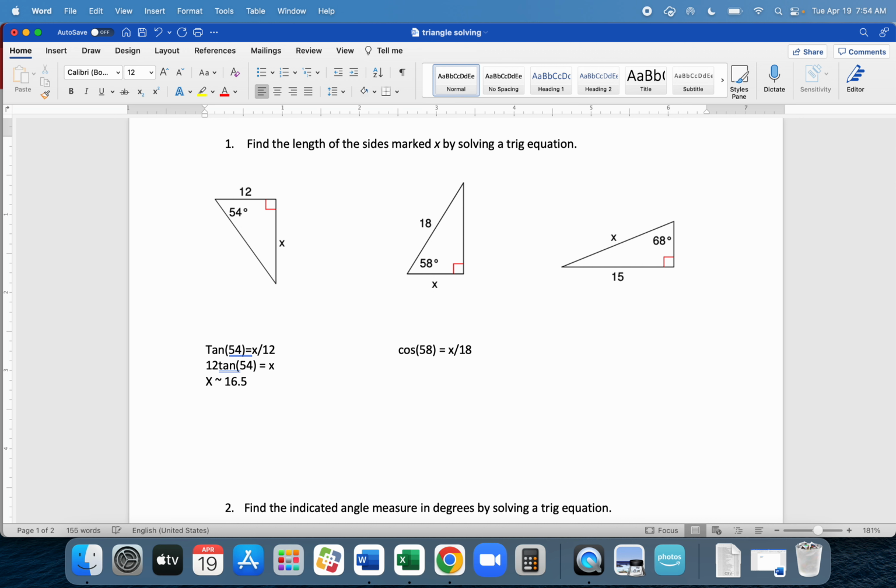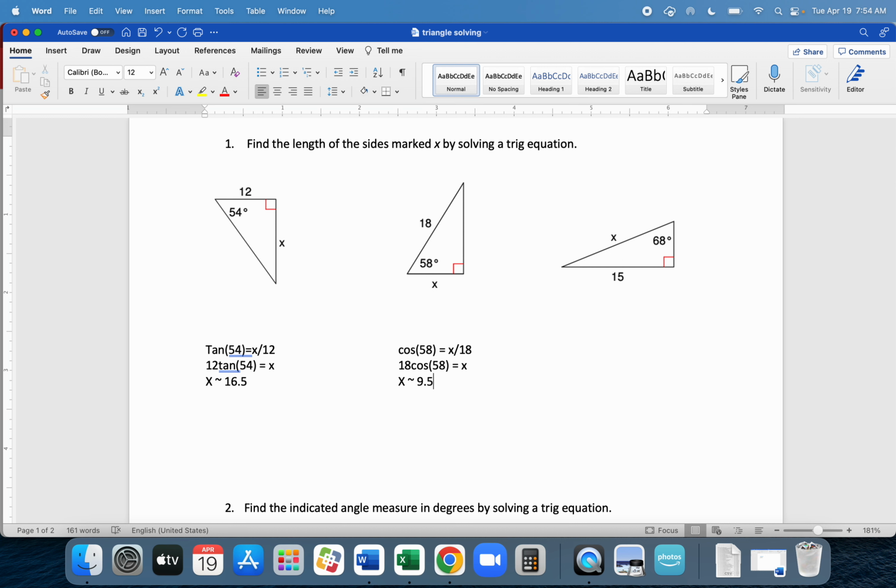Or just like the last one, to solve, it's just going to be multiply both sides by that denominator. 18 times cosine of 58 would be the exact form for our answer, r cosine of theta. This should come out to be between 9 and 10. All right, so I think it's right about 9.5 in reality. So x is about 9.5.